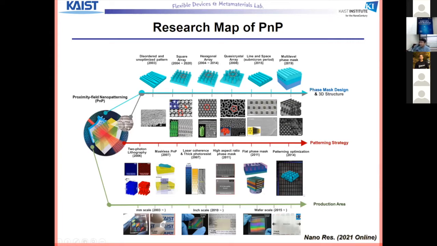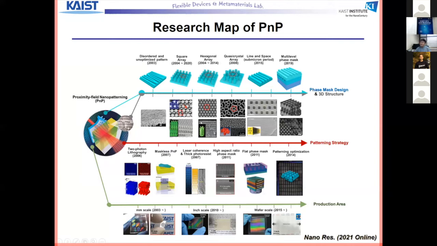This is a special issue for Professor John Rogers, who was awarded the highest nano award in China, and the special issue only has contributions from his students and postdocs. Our paper was one of the invited papers there. If you are interested, please consult it.